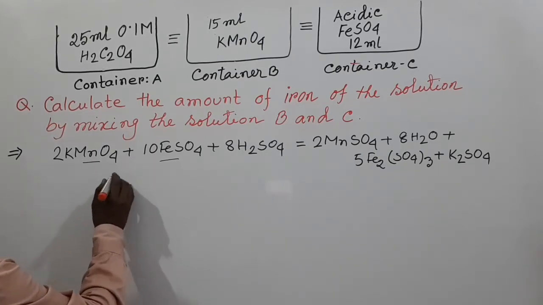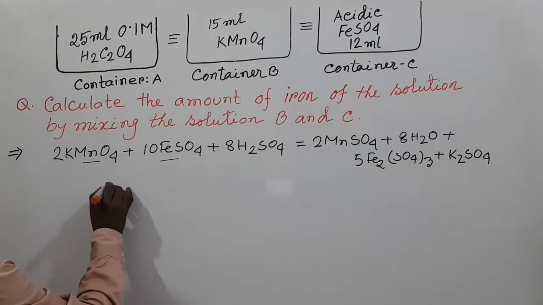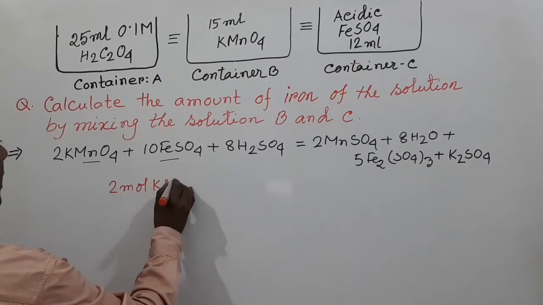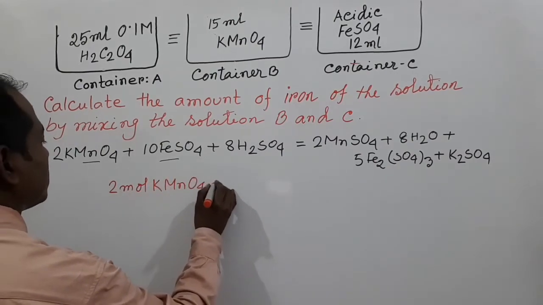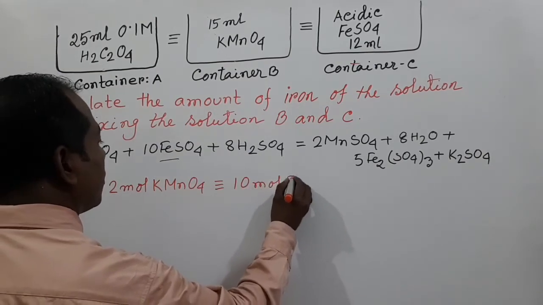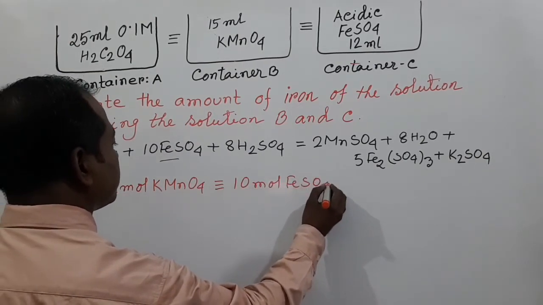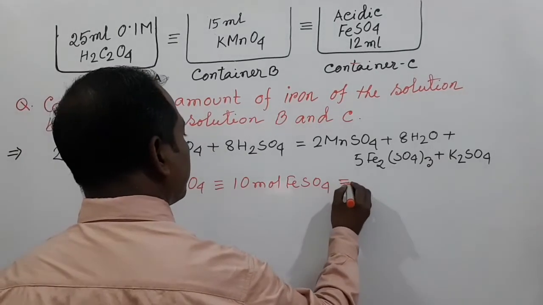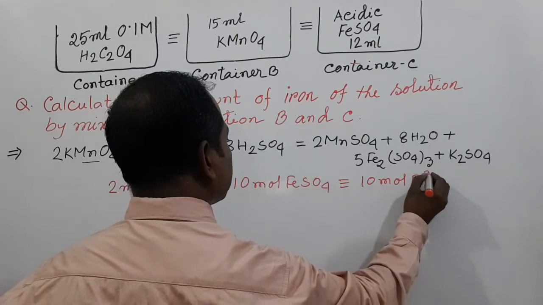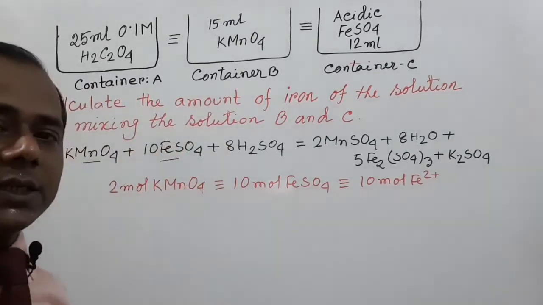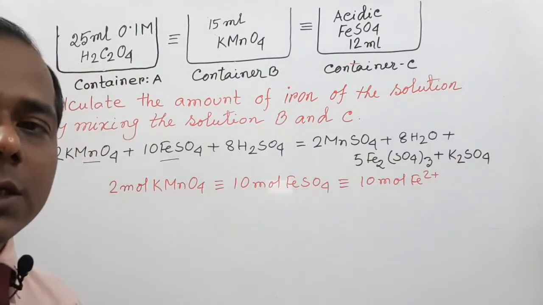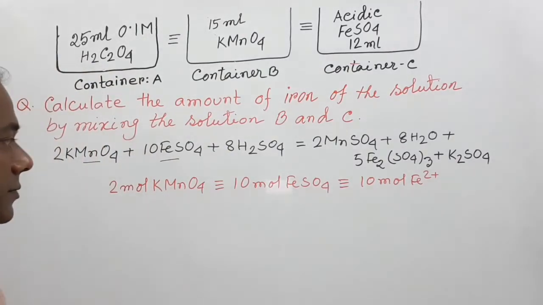So, we can write the relation: 2 mole potassium permanganate is equivalent to 10 mole ferrous sulfate, equivalent to 10 mole ferrous ion. Why do we write ferrous ion? Because here sulfate ion is a spectator ion.